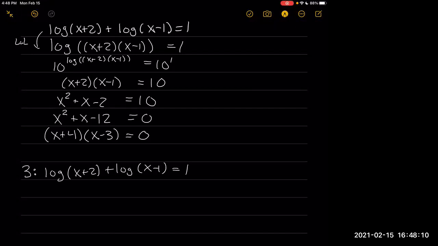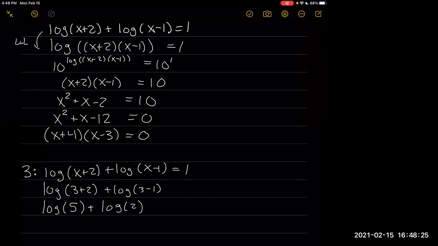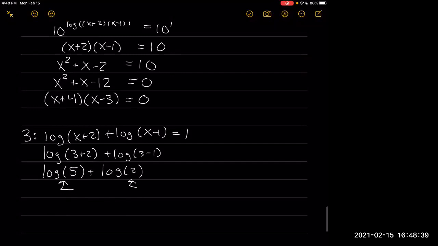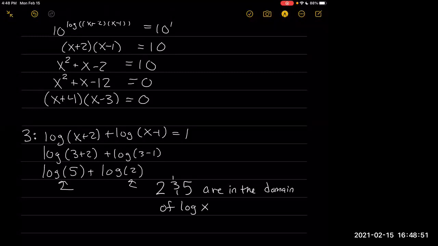If we plug in 3, we get log of 3 plus 2 plus log of 3 minus 1, which is log of 5 plus log of 2. These are both defined because 2 and 5 are in the domain of log of x. So that means we're good with 3.